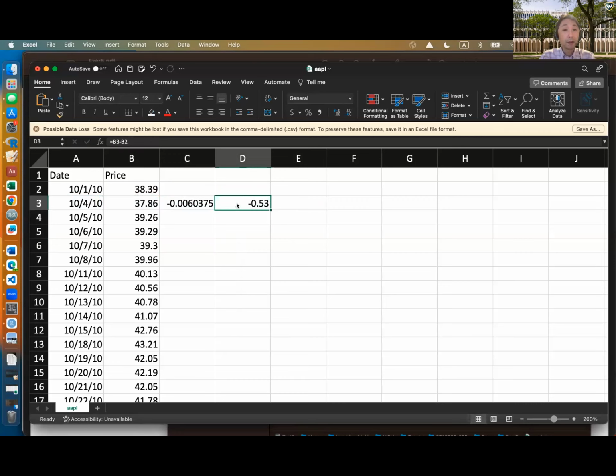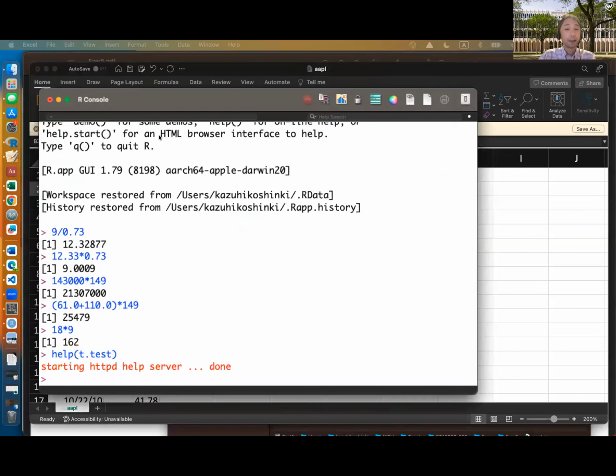But 53 cents is more than 1%. So Excel is not really our tool, yeah, I think this is log 10. So we have to use the natural logarithm, but basically we take the log of this number minus the log of this number. This is an approximate value of the return.